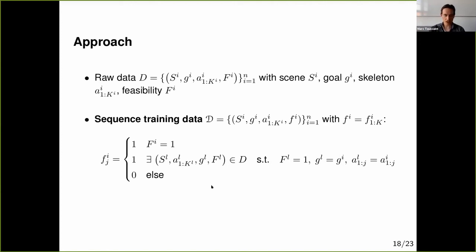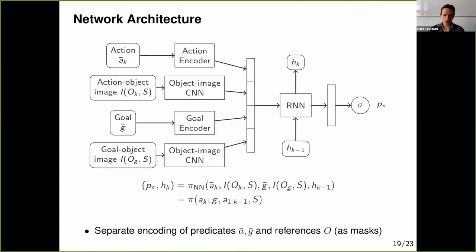I'm not going to explain the equation here. The equation expresses this: it also labels subsequences as positive if they are a subsequence of some other successful sequences that ended up with feasible mathematical programs. Now, how does the predictor actually work? The predictor takes in the scene problem information, like a scene description and also a goal description.